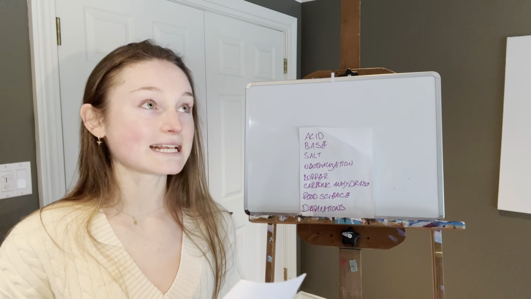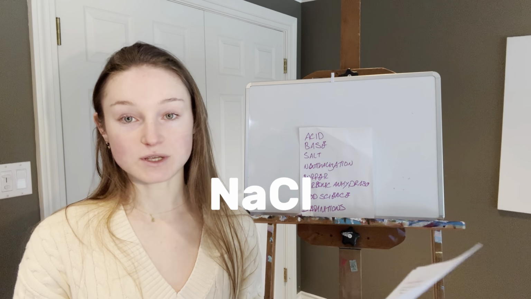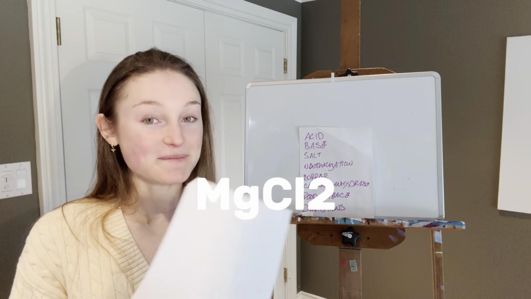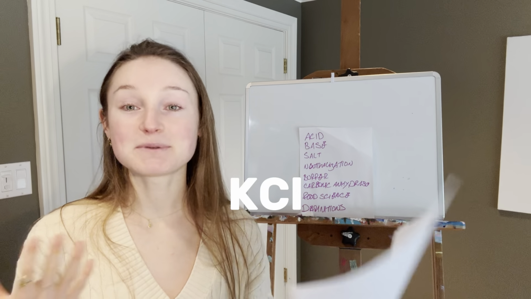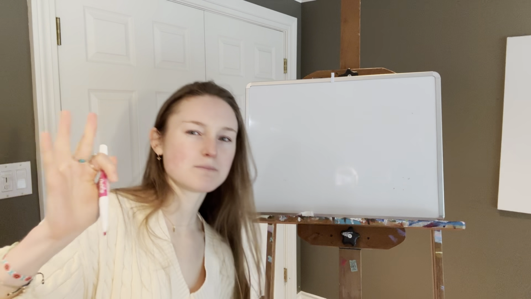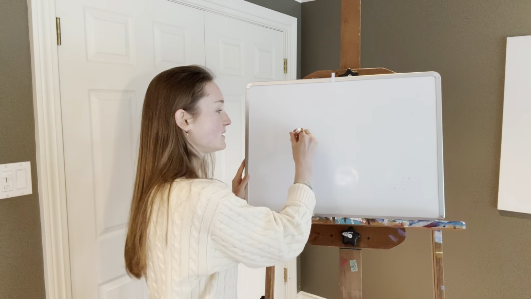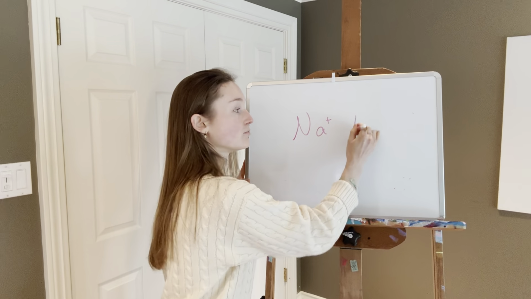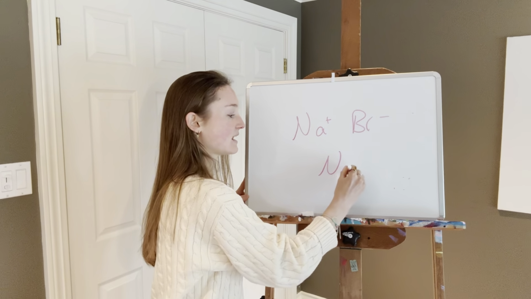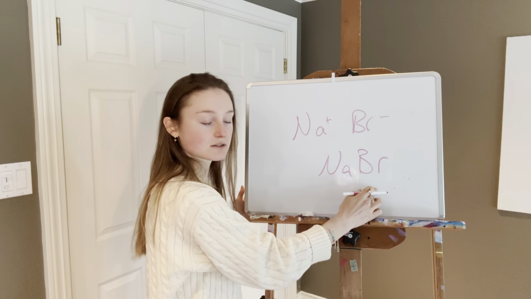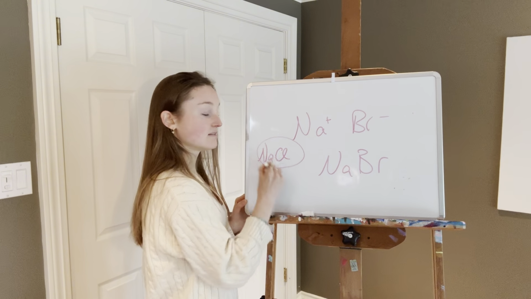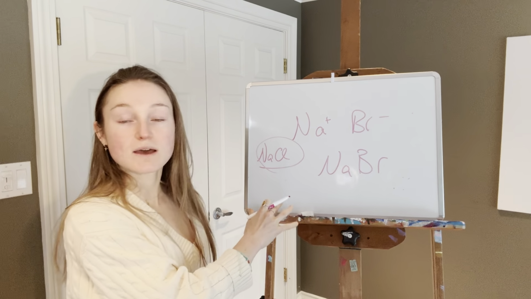Salts are things like NaCl, sodium chloride, MgCl, magnesium chloride, KCl, potassium chloride. You could maybe have NaBr, that would be sodium plus bromine, and that would make NaBr, which is a salt. NaCl is sodium chloride. It's what you put in your food.